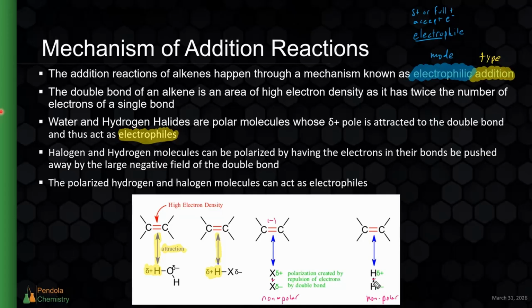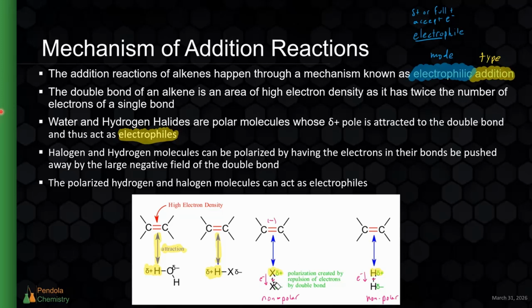When that happens, when the electrons in the bond are pushed towards the opposite end, the bond itself gets polarized, with the closest halogen or hydrogen, depending on what we're looking at, becoming partially positive, and the one that's farther away from the double bond becoming partially negative.